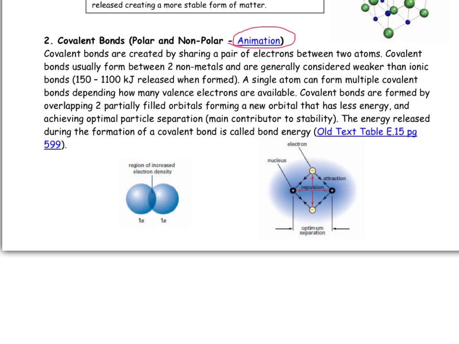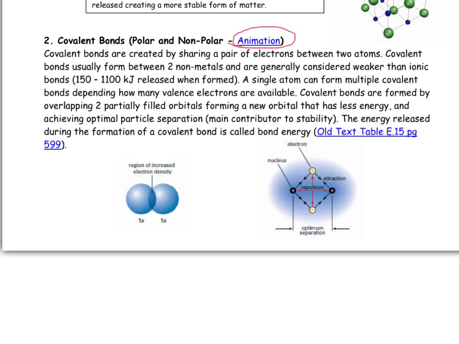Covalent bonds usually form between two nonmetals, and they're generally considered weaker than ionic bonds, but look at the energy range. Depending on which atoms are sharing the electrons, you get between 150 and 1100 kilojoules of energy released. So some covalent bonds are actually more stable than some of the weaker ionic bonds.